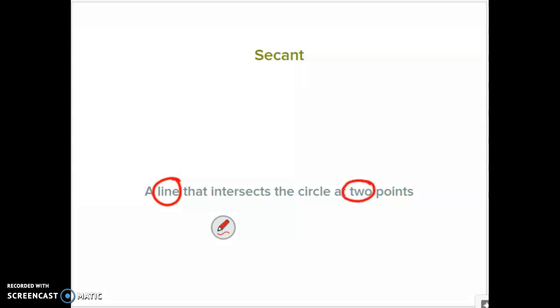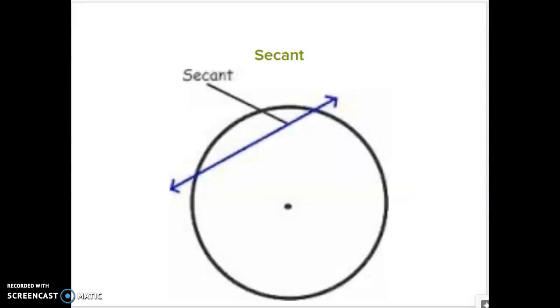So it is a line, it continues like a tangent line. A secant is very, very similar to a chord, but a secant keeps going because it's a line. The chord stops at the edge of the circle and the secant continues on because it's a line. Chord, segment; secant, line. Again, if I'm going too quickly for you, please make sure you're pausing the video.